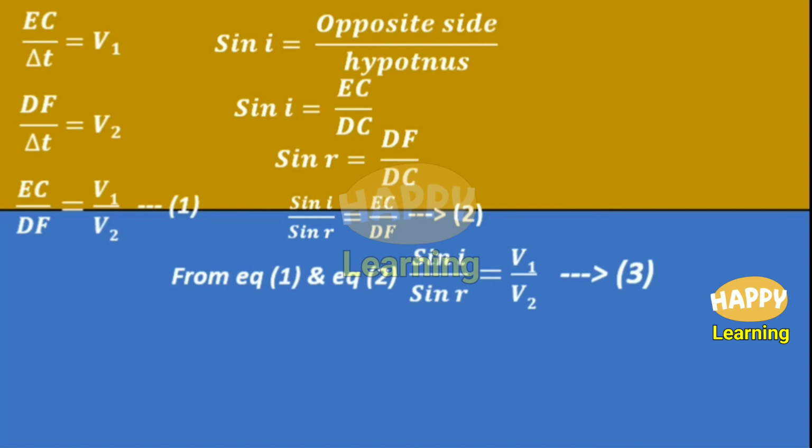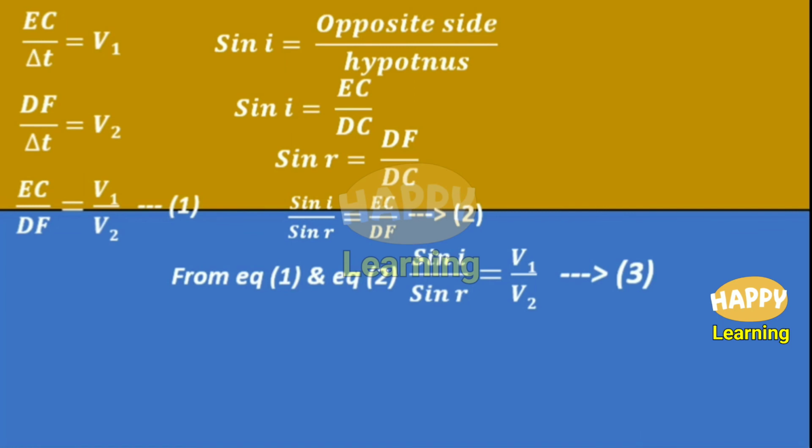The principle of least time that we have used, we can apply the same to the light ray also. Therefore, we can write sin I by sin r is equal to v1 by v2.